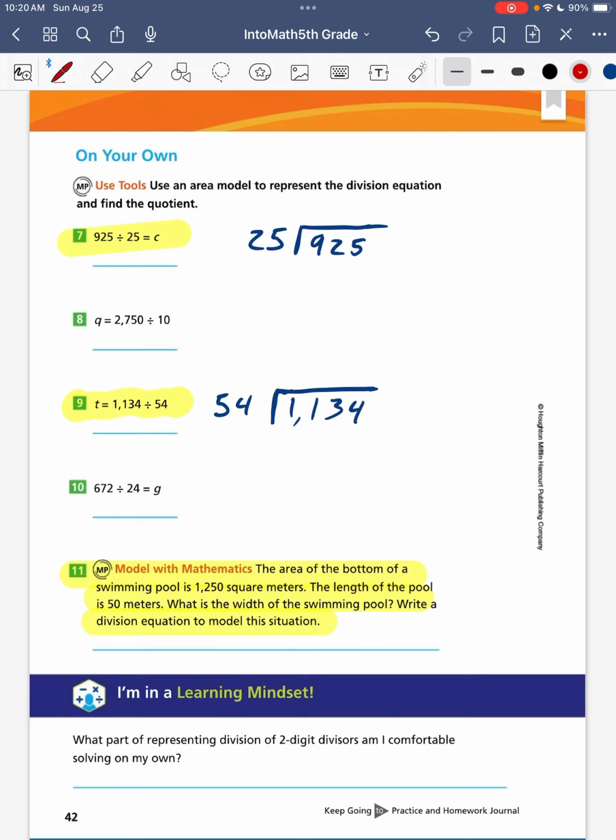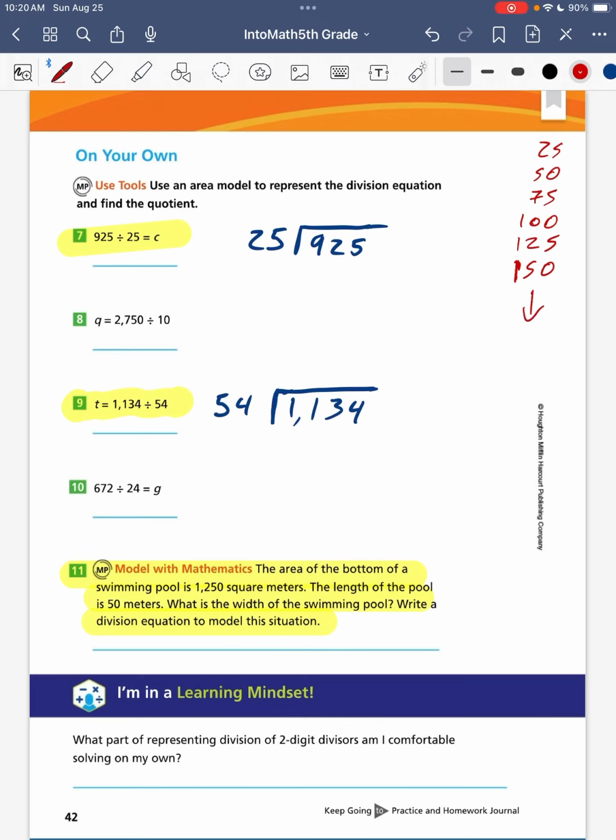Here, we can use either standard division or an area model to represent 925 divided by 25. I can write on the side my multiples of 25, which we've already done once in this lesson, thinking about what numbers can add up to give us 925.